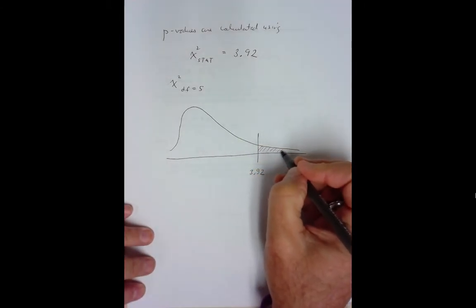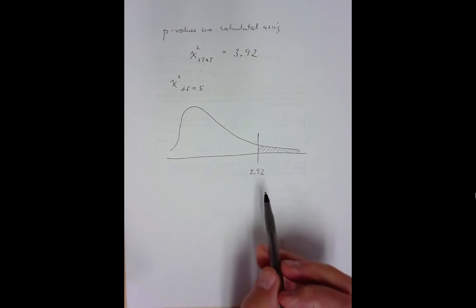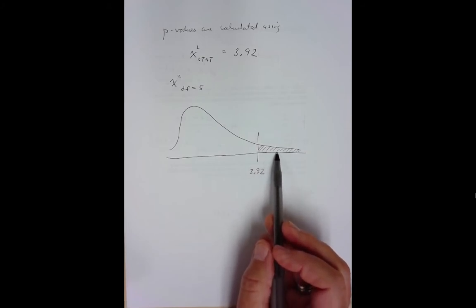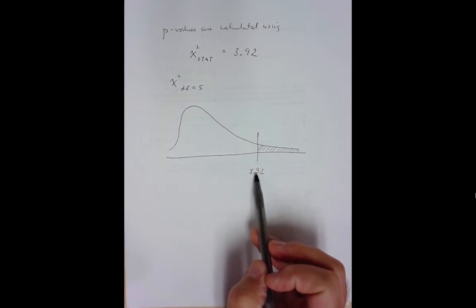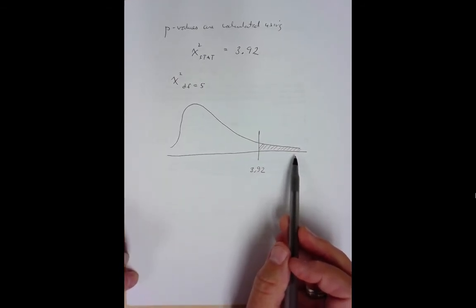Now, guys, this can sometimes be confusing for students because it looks like the previous problem where we find the chi-square critical value. But the chi-square critical value is a function of the area above, which is indicated by our alpha value. The 3.92 is a chi-square test statistic, so the area above is the p-value.